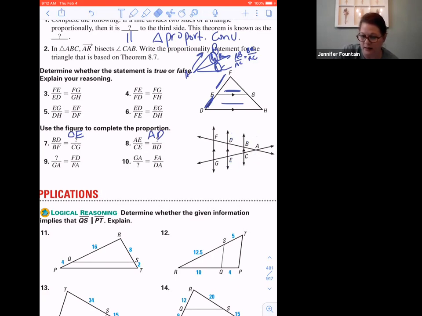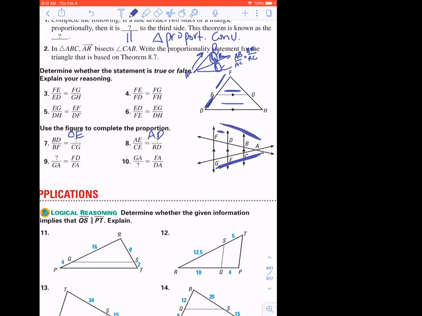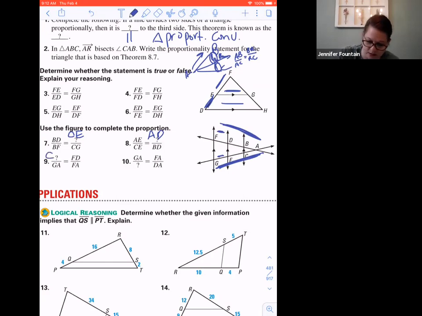Let's look at number 9. I have something over GA. Notice GA is going to be this whole entire segment here. And then I'm comparing it to FD, which is the small part here, to FA. GE. So the part that I'm missing right here is that GE. Good. All right.